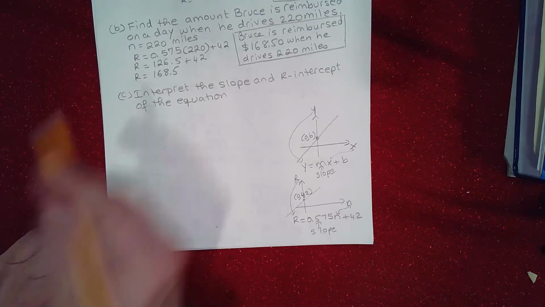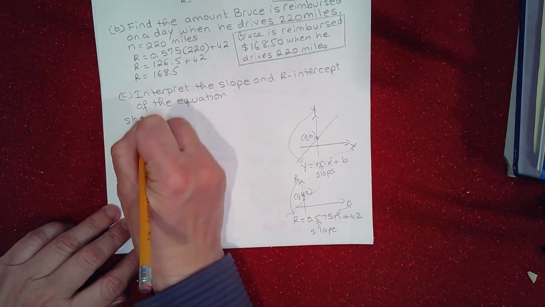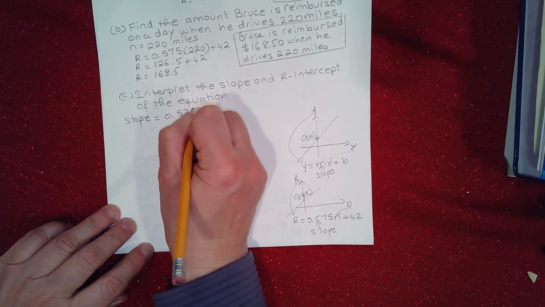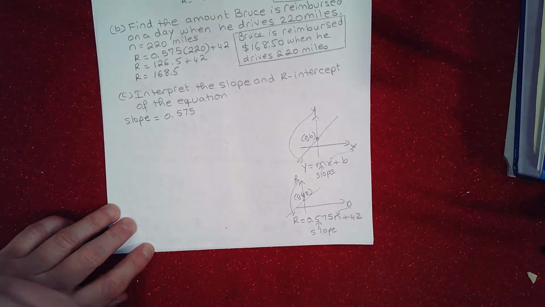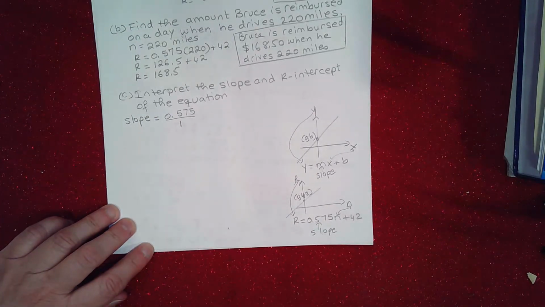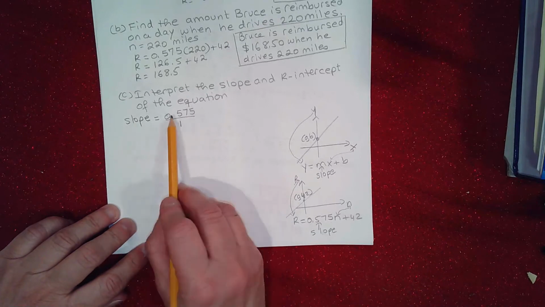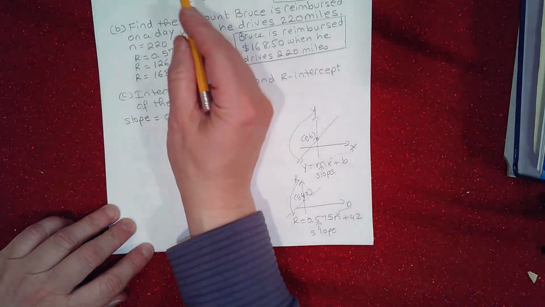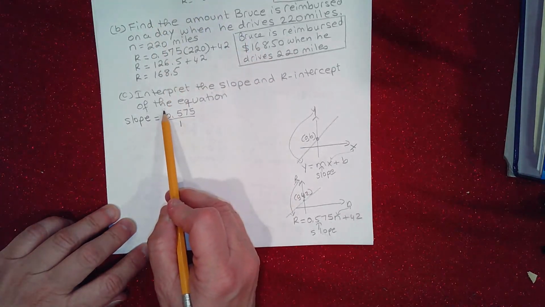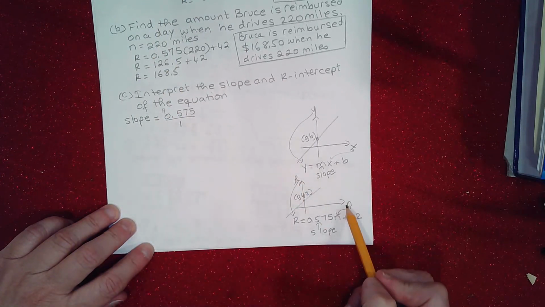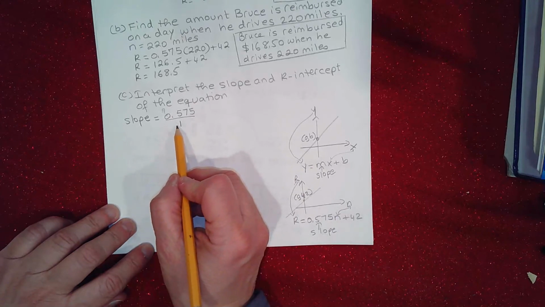Okay, so let's see. The slope, let me write it down. The slope is equal to 0.575. I can go ahead and write it over 1. So 0.575 represents R, which is the money, and 1 represents n, which is the number of miles.